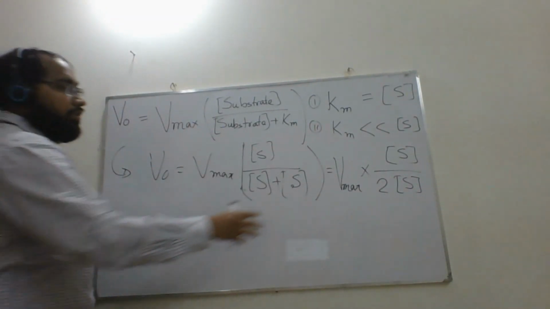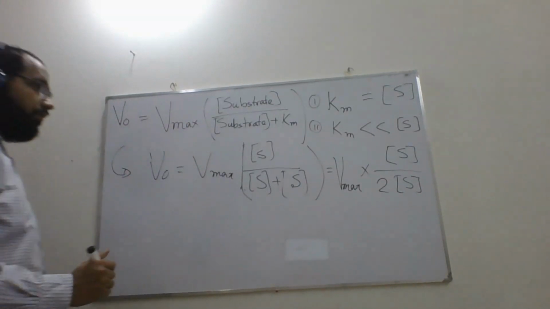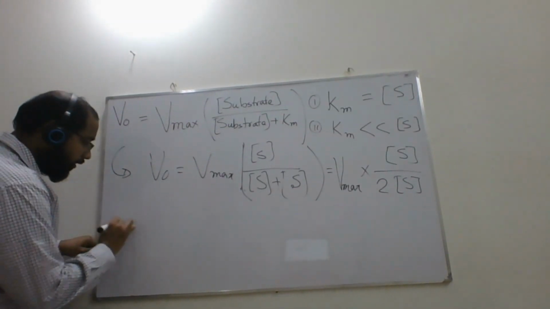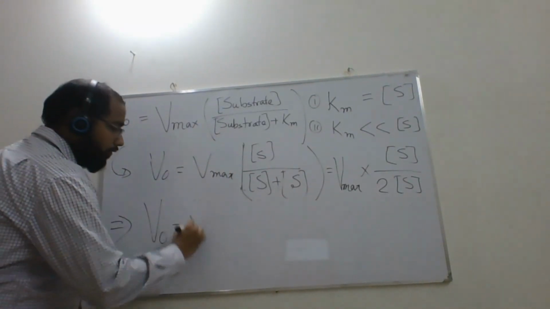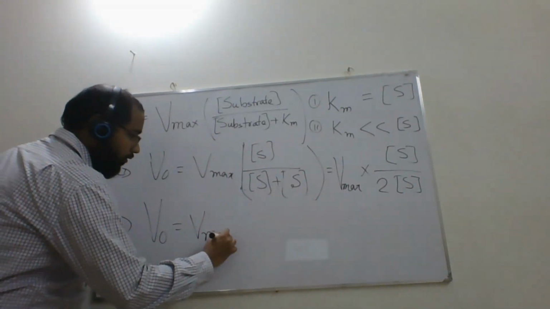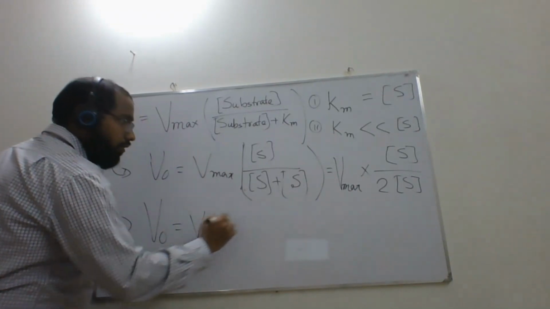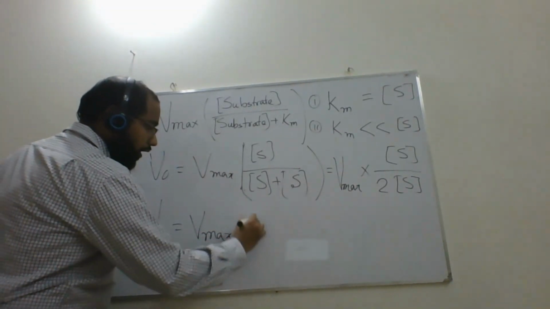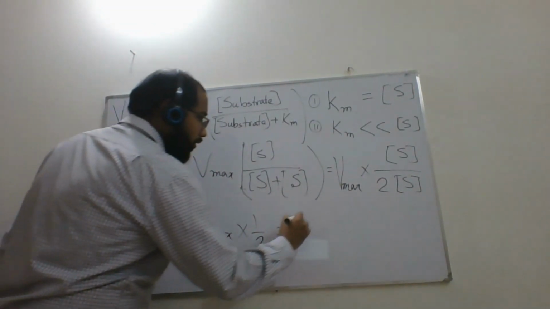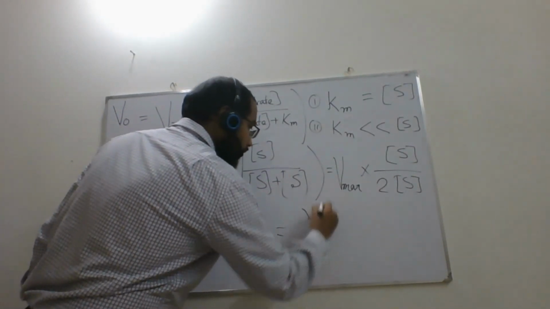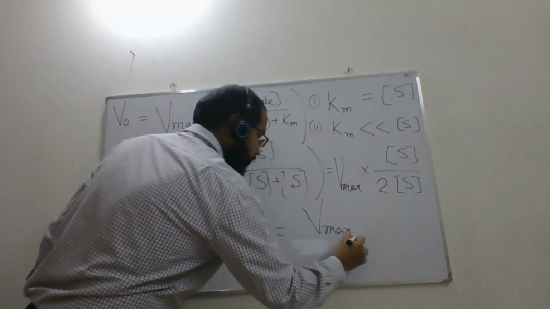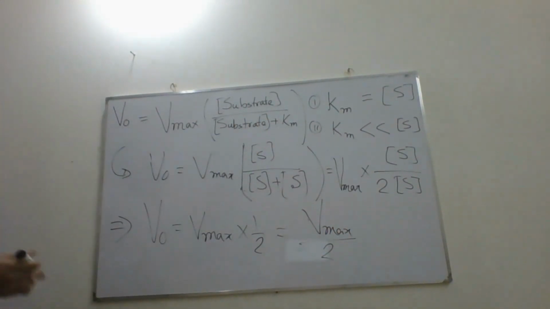Now if we cancel the same terms, the final expression will be V0 equal to Vmax into half, or Vmax divided by 2.